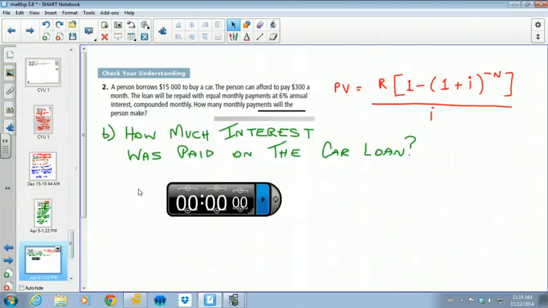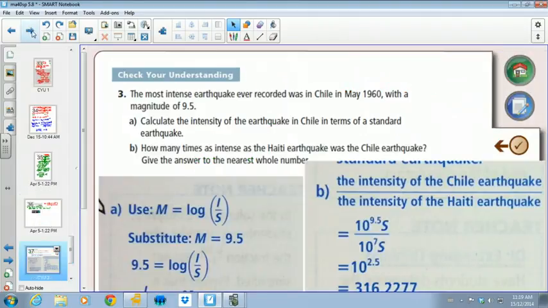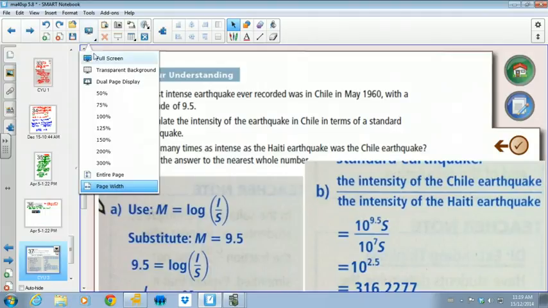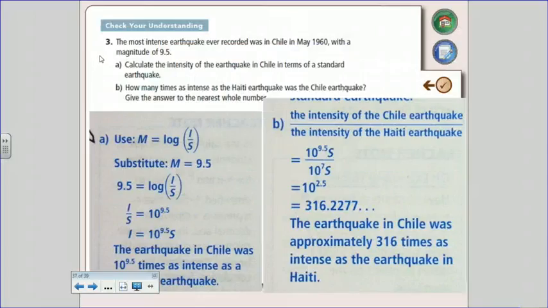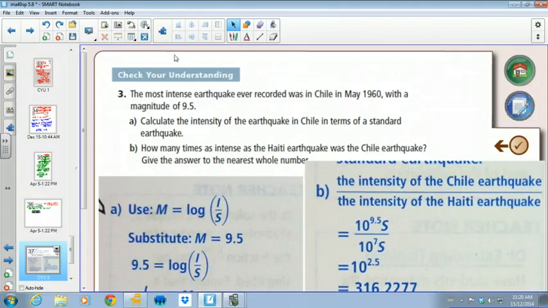Example 3. Earthquake. Let's go to the middle of page 433 where it says when physical quantities. Let's get ready to read there.